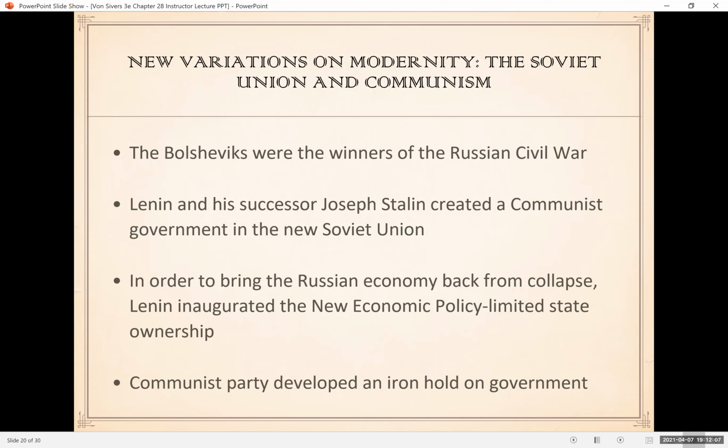In order to prevent Russia from being attacked again, Joseph Stalin is going to take complete control of everything in the government and basically turn a majority agricultural country such as Russia into a highly industrialized state as quickly as possible.